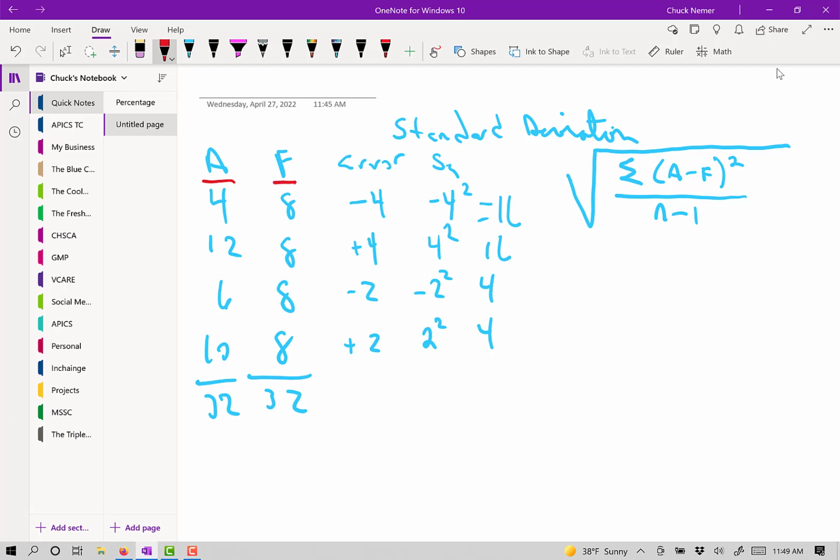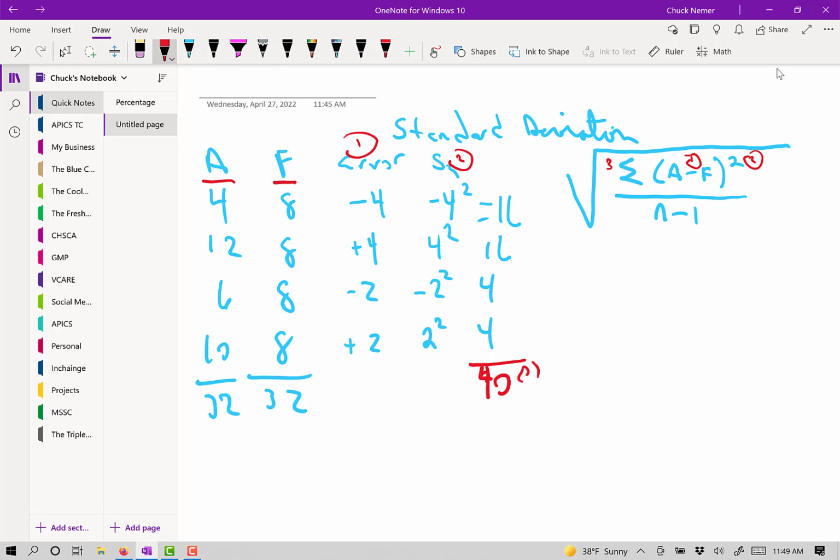We do A minus F first, and that gives us the error. Then we square it second to get rid of the sign. And then the third thing we do is add them all up. So 16 plus 16 is 32, plus 4 is 36, plus 4 is 40. So this is the third step.